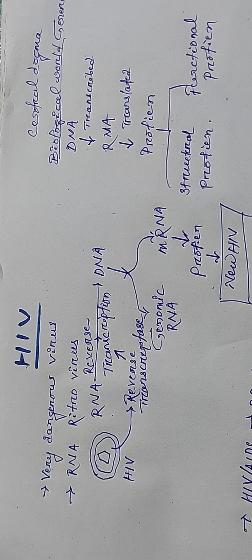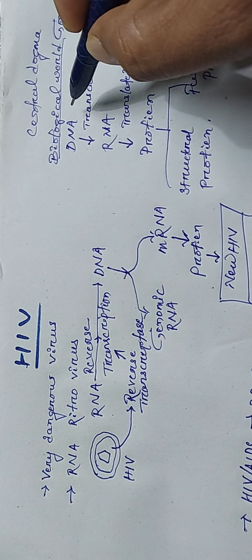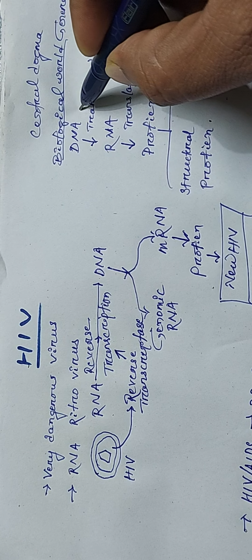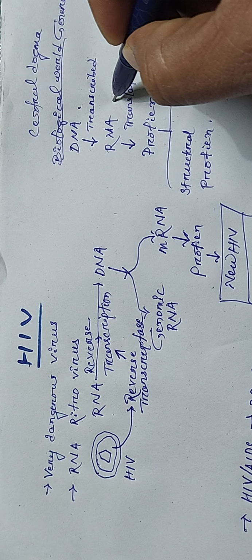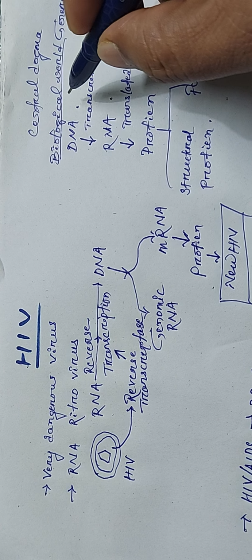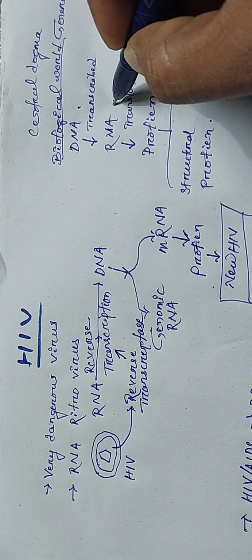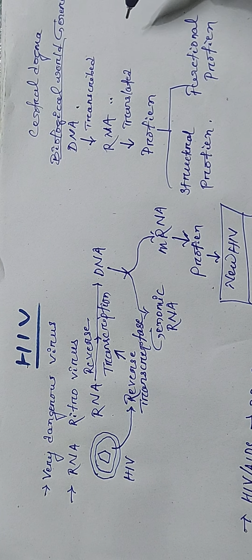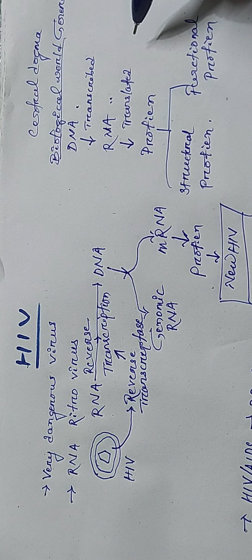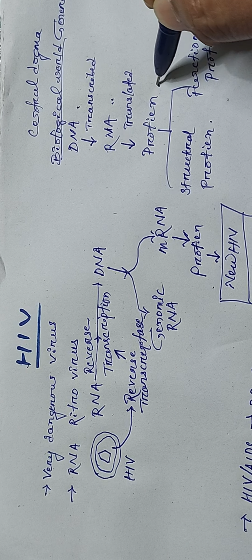Because in the biological world, the genetic material generally flows from DNA to RNA. DNA is transcribed to RNA, then RNA undergoes translation and forms protein.